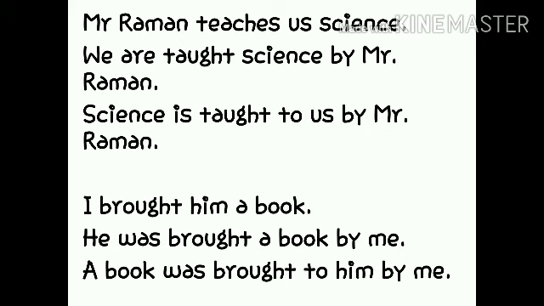He is a singular subject, so we have to use was. He was brought a book by me. After the agent word by, we have to use the objective pronoun, so not by I. You cannot say that, it is wrong. It should be by me. Now using the word a book: A book was brought to him by me.